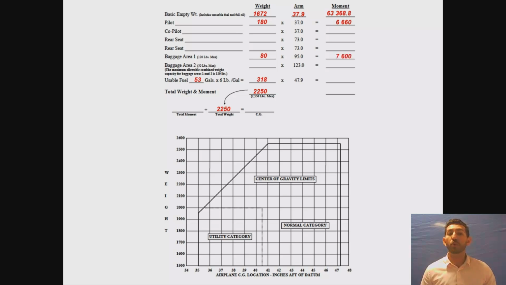As you can see, the moment for the baggage is actually more than the moment for the pilot, because even though the pilot weighs more, the moment arm is quite a bit shorter. Same thing for the fuel. You'll get a total value of 92,574.8. Take that moment value, divide it by the total weight, and you'll have a center of gravity value.